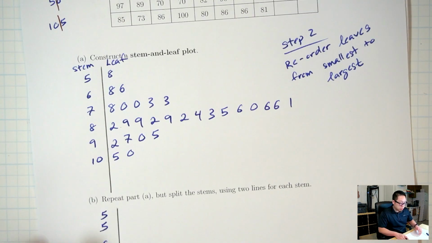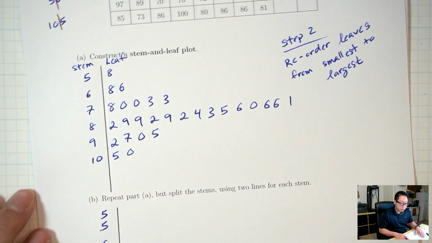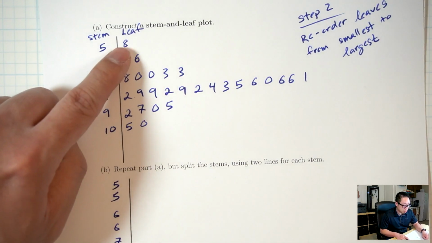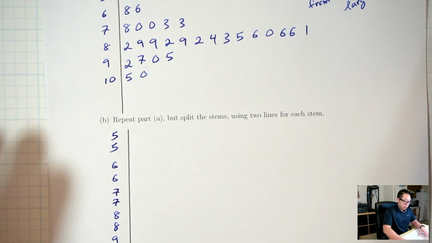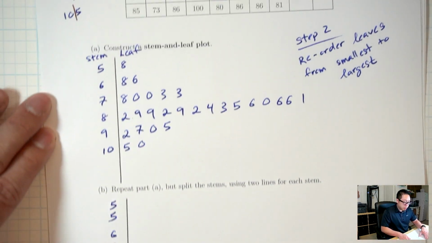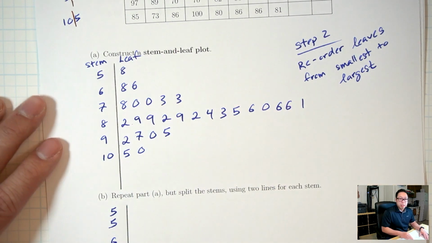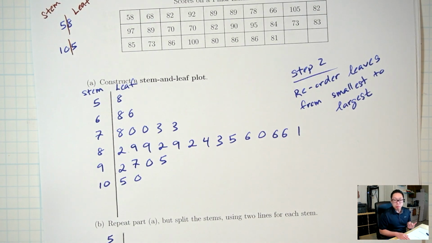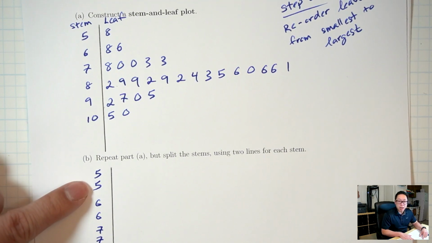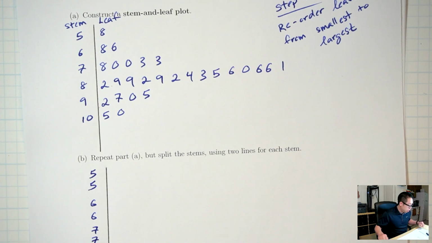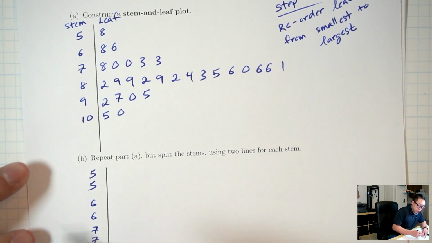And then we're going to go through all the leaves, so this 8 is going to go either with the first 5 or the second 5. How do you decide? Well, the leaf, which is the very last digit of your number, could be 0, 1, 2, 3, 4, 5, 6, 7, 8, or 9. So half of those will go with the first one, and half of them will go with the second one. For the first one, it's going to be leaves that are from 0 through 4.